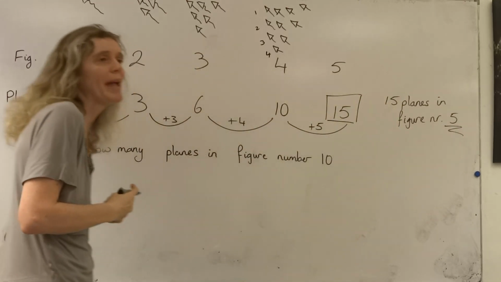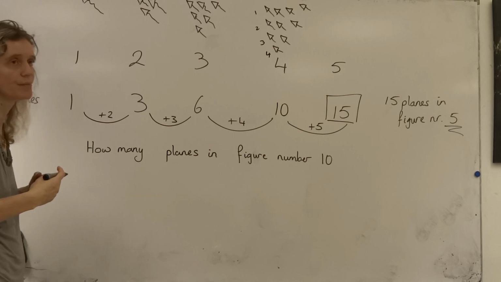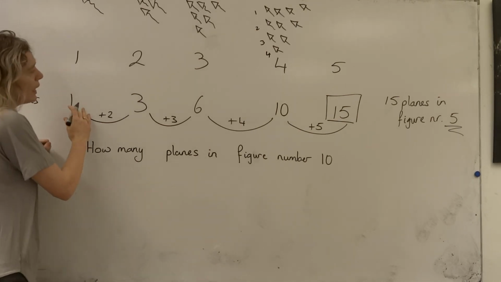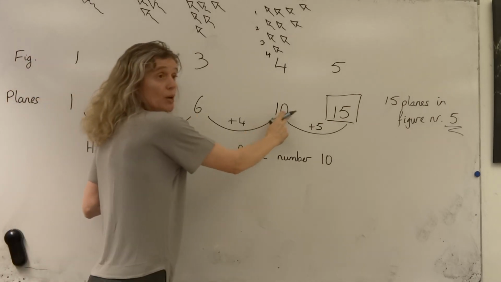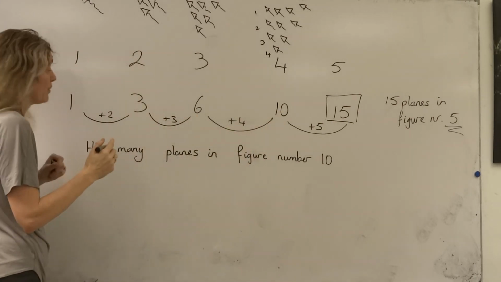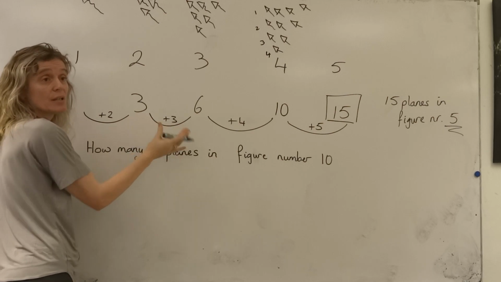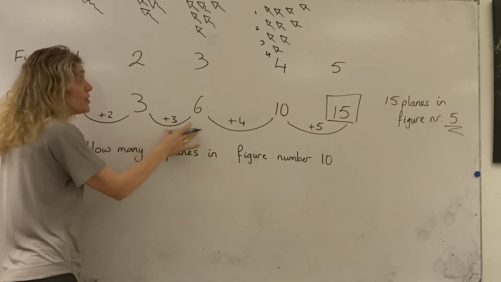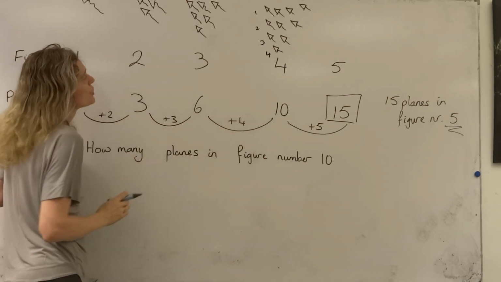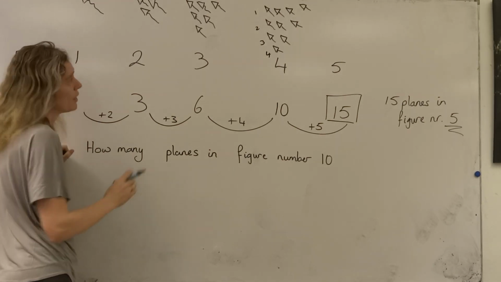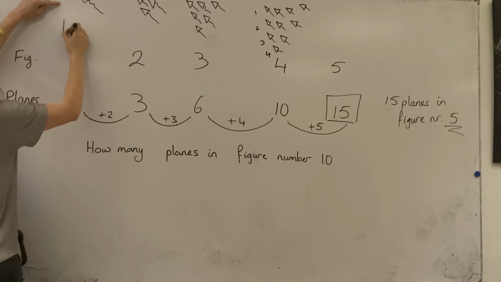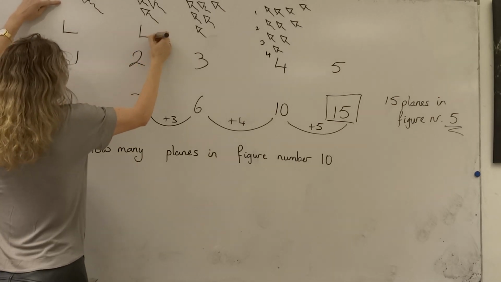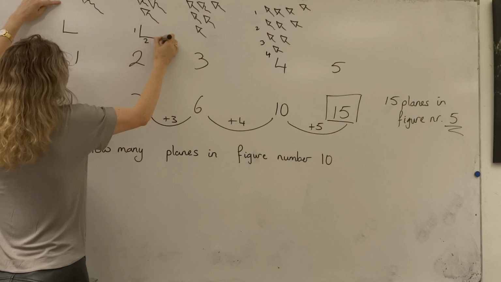The question is, can we make a formula of this ourselves? Well, when we see that the difference here is changing, we can't use the one that we had before, where we take the difference and multiply it by n, because this difference changes every time. So there's a different formula for that. If you look at these, they're almost like a triangle. This triangle is 2 long and 1 high.